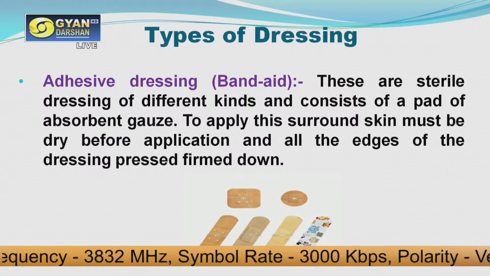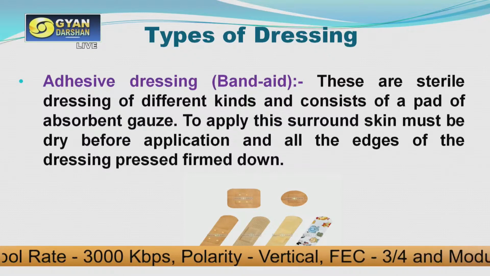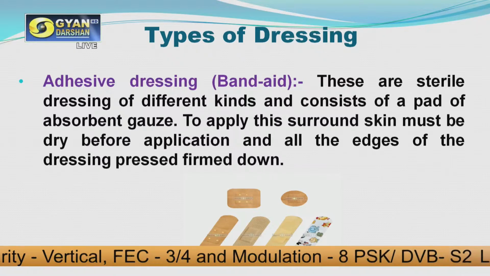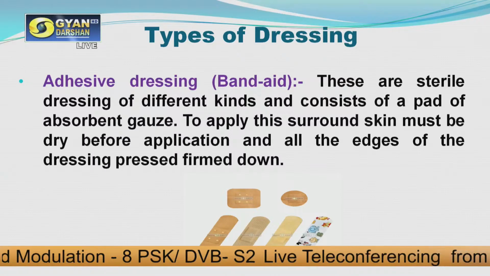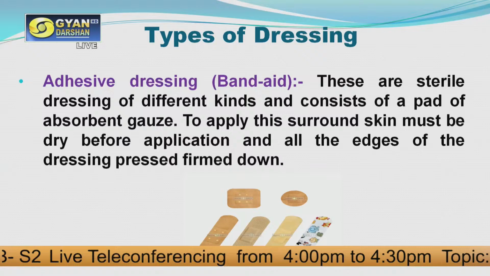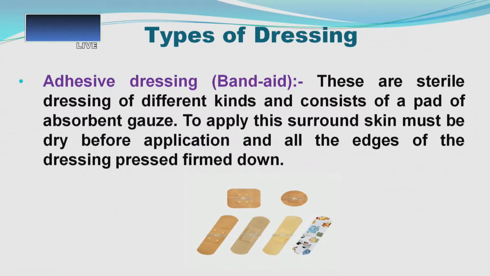To apply this, the surrounding skin must be clean and dry before application, and all the edges of the dressing pressed down, otherwise it will not stick, because it has to cover the part which is injured or has a minor wound.